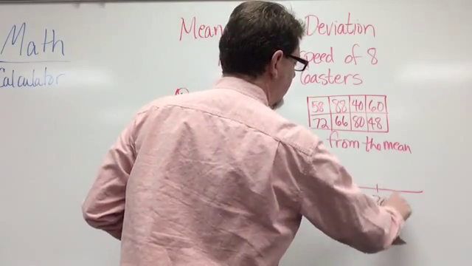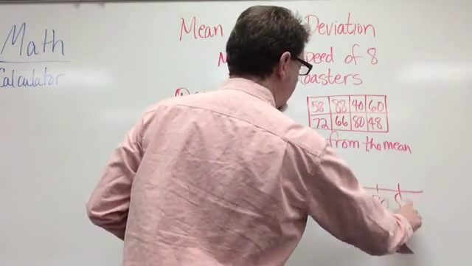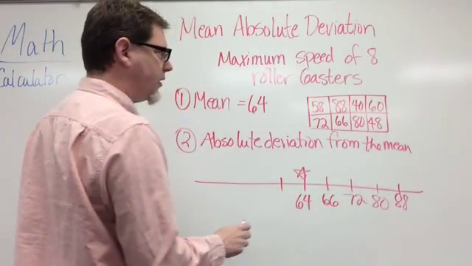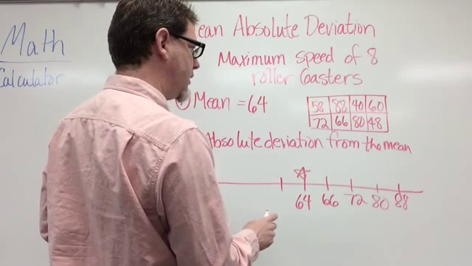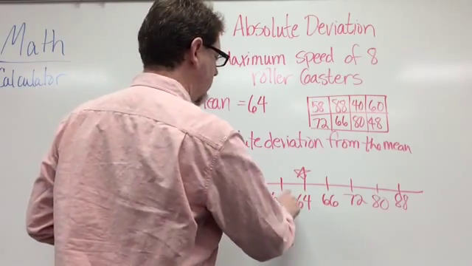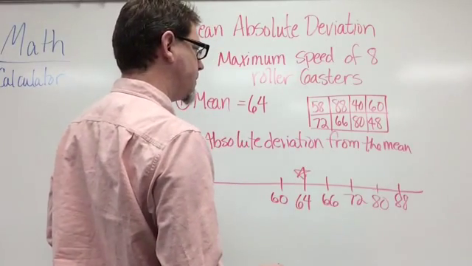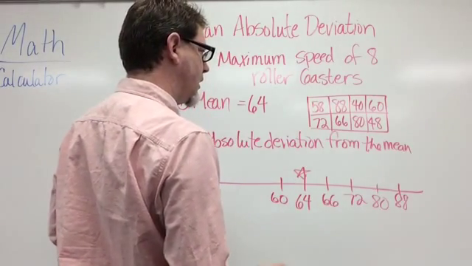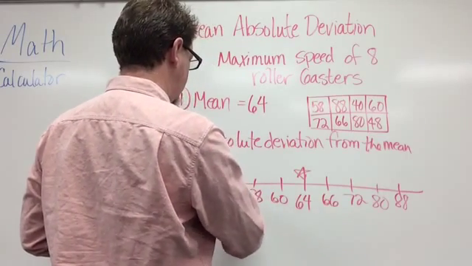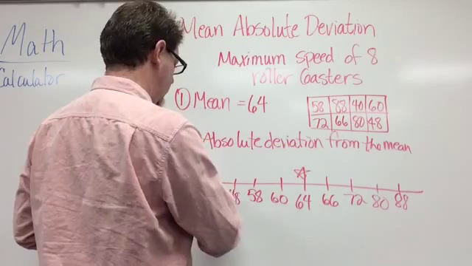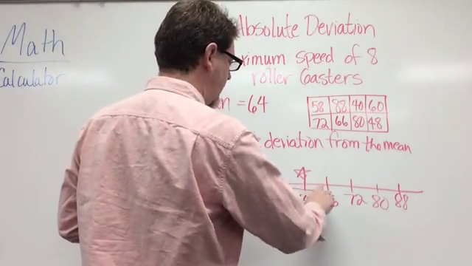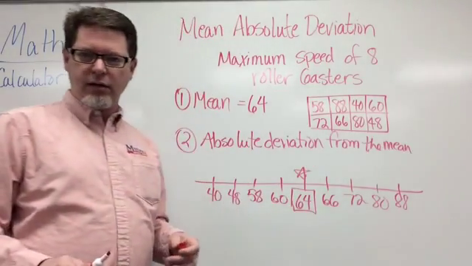I have 80, and I have 88. And over on this side, I have 60 and 58, 48, and 40. Okay? So I'm going to put a star there. I'm going to put a box around that one because that's my mean.